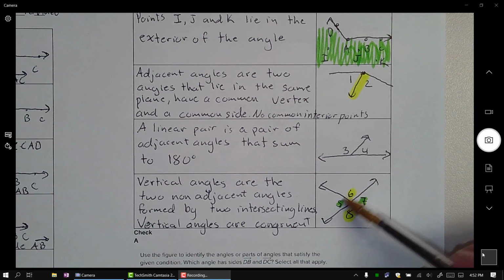So they're not next to each other, they're kind of opposite each other. And so that's how we get our vertical angles. And as we said, vertical angles are congruent to each other.